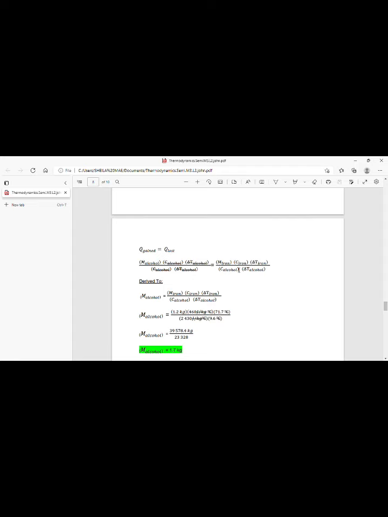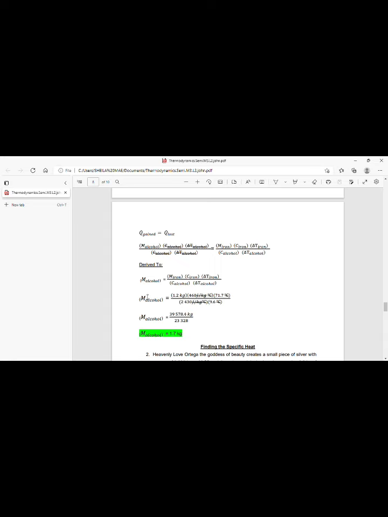Then equals to the mass, specific heat, delta T of the iron over the specific heat and delta T of the alcohol. Derived to mass of alcohol is equals to the mass of iron, specific heat of iron, the delta T of iron over the specific heat of the alcohol and the delta T of alcohol here.